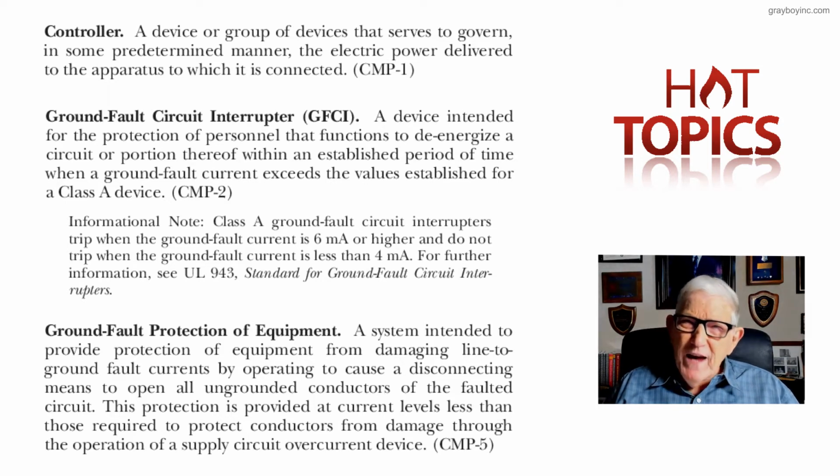Now, apparatus to which it is connected. It really doesn't say outlet. So we have given you a number of definitions that are very important to make this determination and to make an interpretation of this rule according to the design installation of 210.8(F).